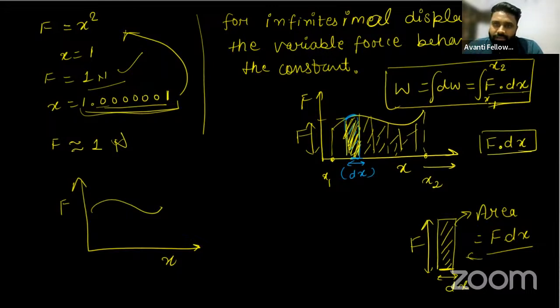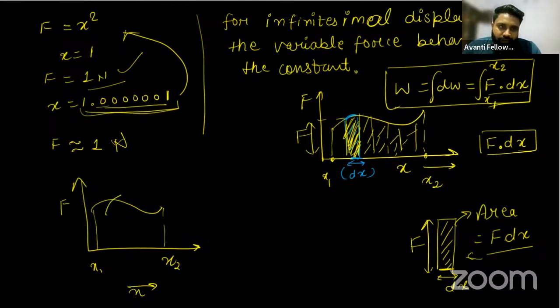And what we are doing? We are adding the strip which is coming between x1 to x2, and this is the variation of x. So we are adding those strips, which means we are calculating the area under the f of x curve.